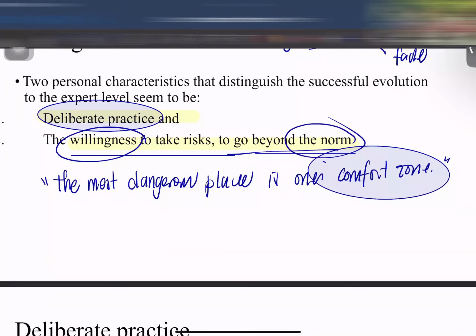When I say go beyond the norm, usually, other nurses would say na, uy, wag na tayong mag-aral. Hindi po natin kailangang mag-aral. Pero class, kapag ikaw, you would want to go beyond that, you need to engage yourself to training. And you need to undergo several practices for you to become experts.